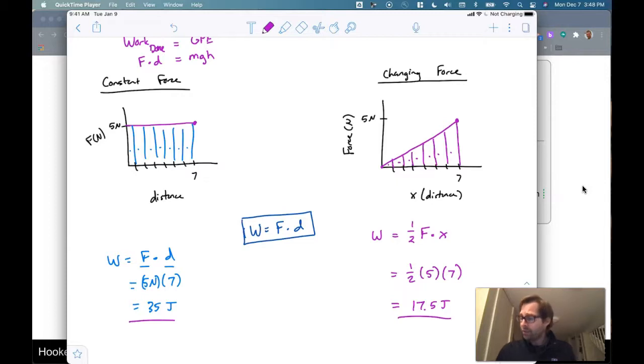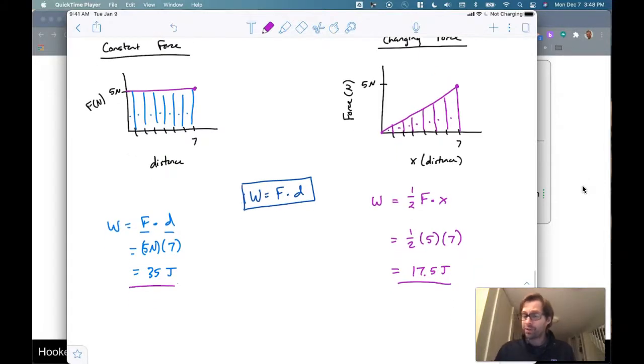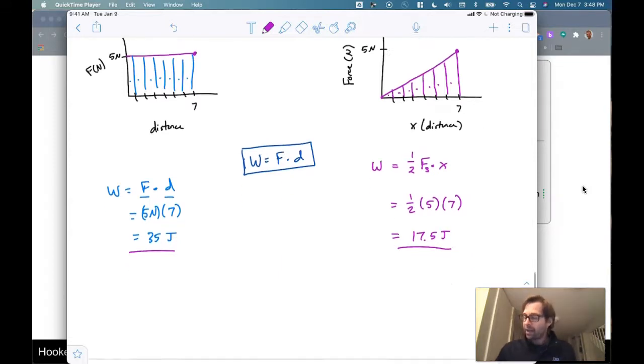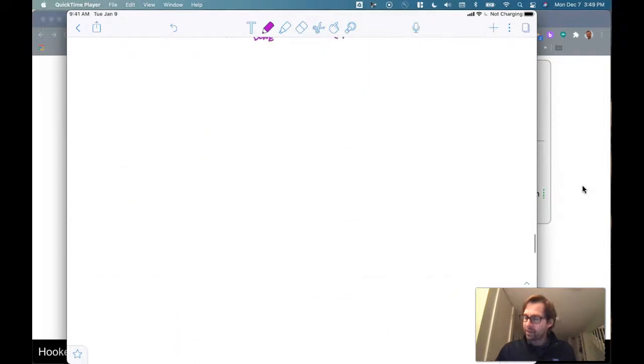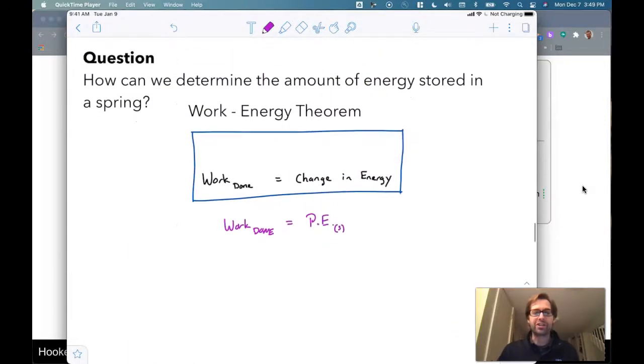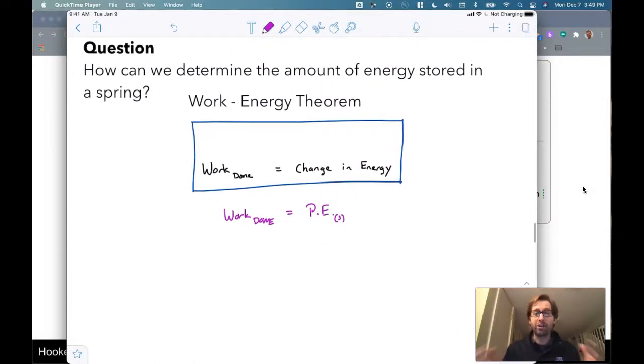Okay, so to find work, we're still doing force times distance, but this is the force to stretch the spring, so we can use that in that equation. All right, so let's go back up to the top here and think about this in terms of our work energy theorem, right? Because what we're ultimately trying to find is a way to find that potential energy.